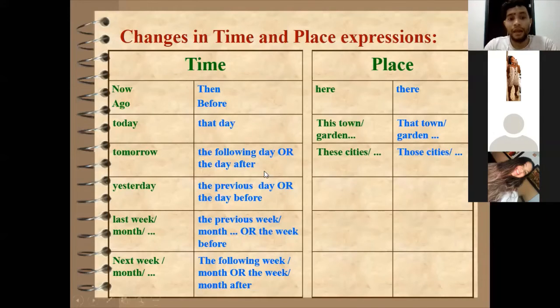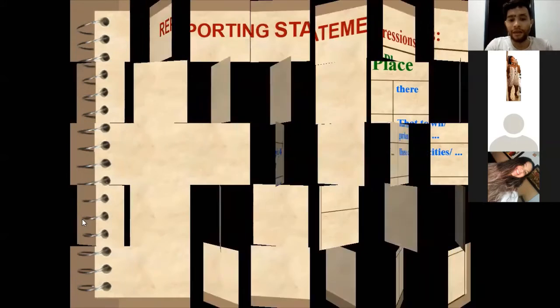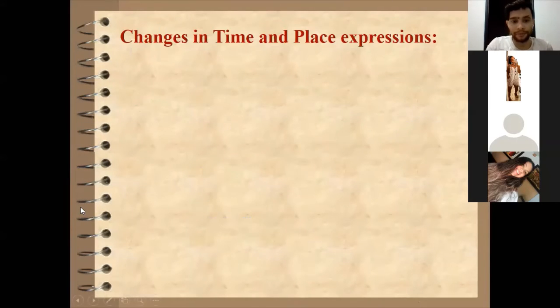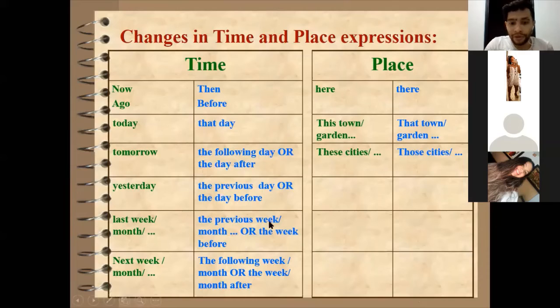Excellent. Last week and last month and last year and last whatever you want to use, we use the same thing. The previous week or the week before, the previous month, the previous year, the previous class. Whatever.